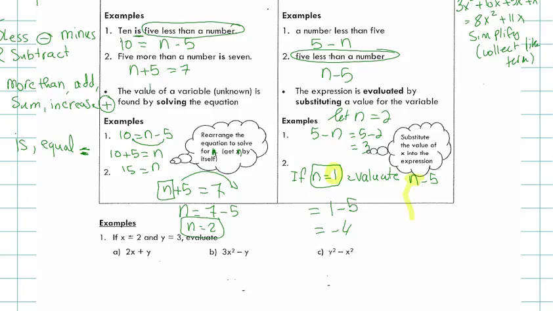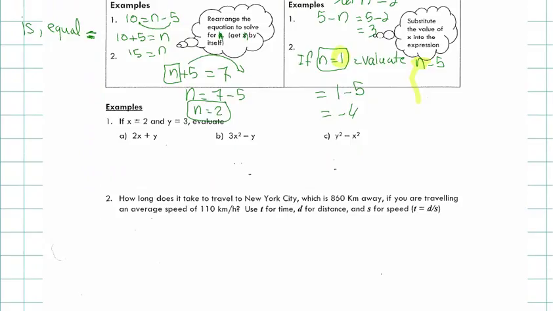Okay? Let's look at this. If x equals 2 and y equals 3, evaluate these expressions. So what are they telling you to do? Substituting the values. That's right. So instead of x, what do I put? 2.